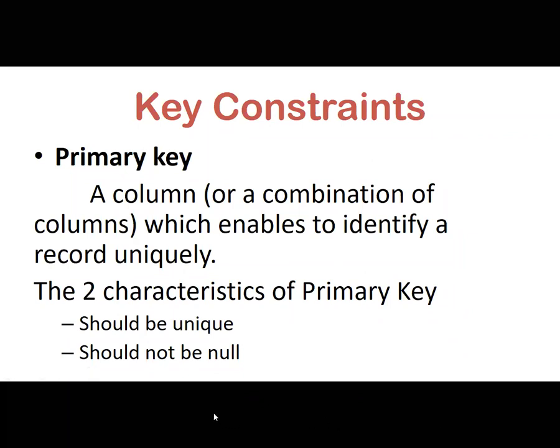What is the main thing? When you take a table, we have a primary key. We can say a column or a combination of columns which enables us to identify a record uniquely is called a primary key. The two characteristics of a primary key you should consider: first, it should be unique. That is a must. It cannot be duplicated. It should be uniform, so every record can be identified.